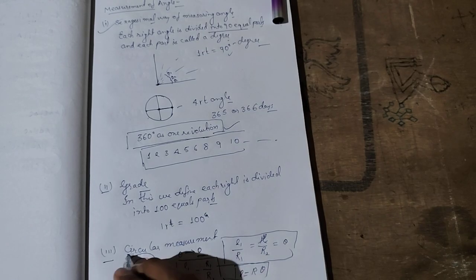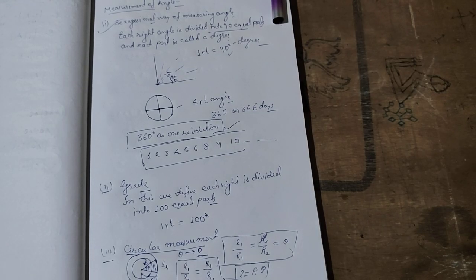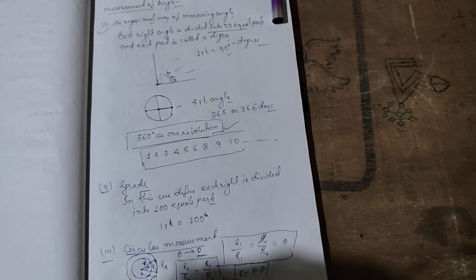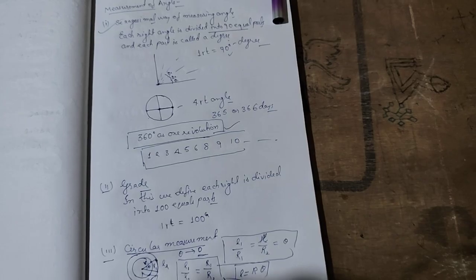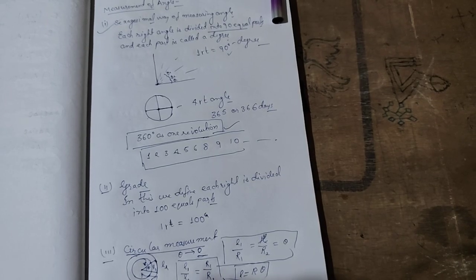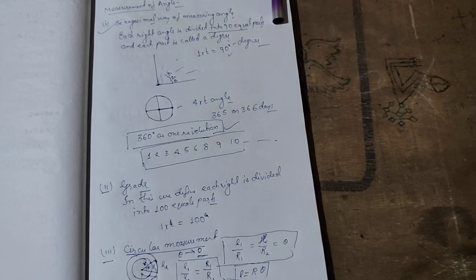That's the circular measurement, and we define theta is equal to L by R. That's one part of the measurement of angles.